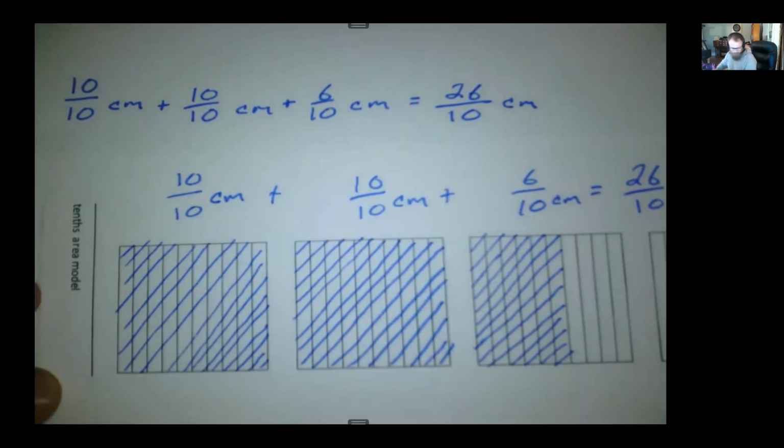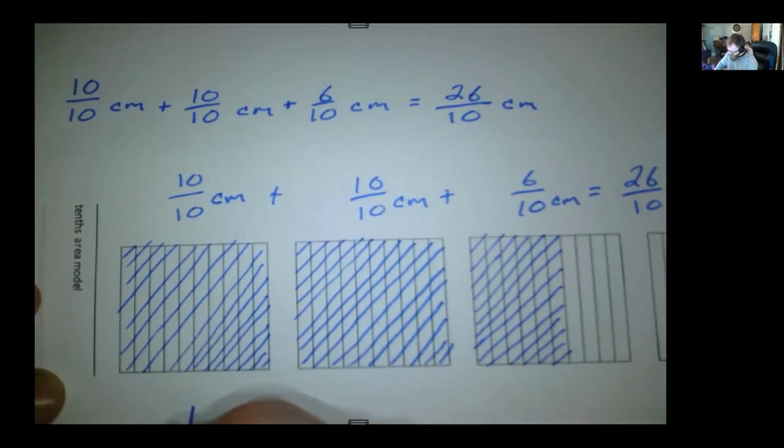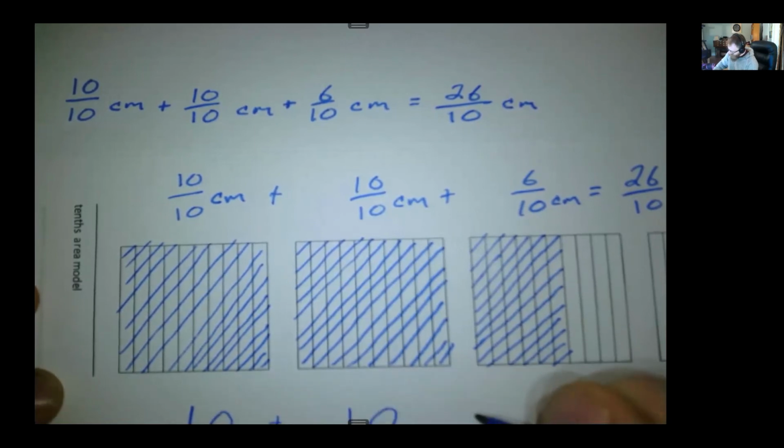Now let's represent it with decimals. 10 tenths plus 10 tenths plus 6 tenths. Written as a decimal, that's 1.0 plus 1.0 plus 0.6.